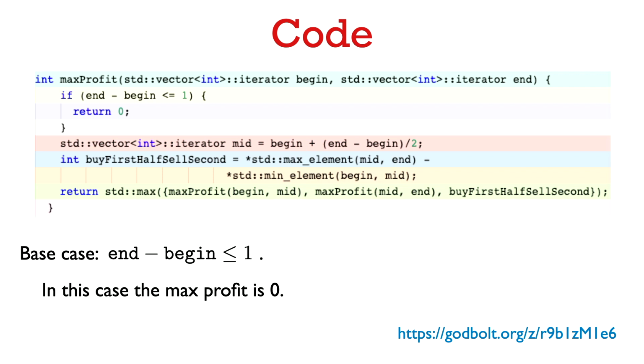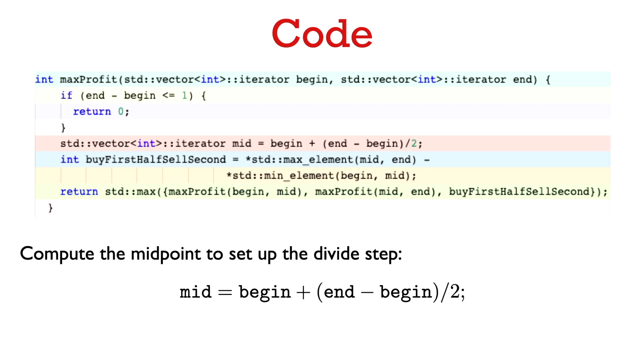And again, you can find this code up on Godbolt. After the if statement, then we create our subproblems. So in this case, to create the subproblems, all we have to do is compute the midpoint between begin and end. So that's what's done in that step there. So we saw very similar code to this in binary search, right?